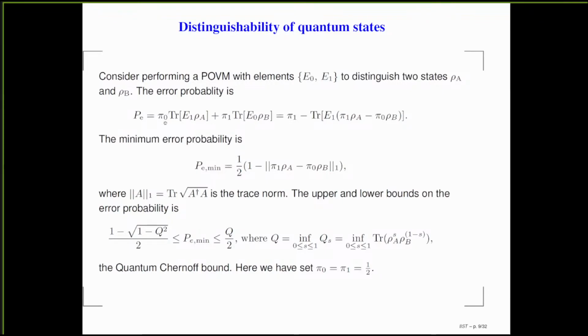And of course, you have pi 0 and pi 1 as the initial probabilities of, say, generating rho A and rho B. Then you calculate this error probability through using this POVM to distinguish rho A and rho B. It's a straightforward calculation to show that this minimum error probability is given by this expression, where this norm is the trace of the square root of A dagger A, which is the trace norm.